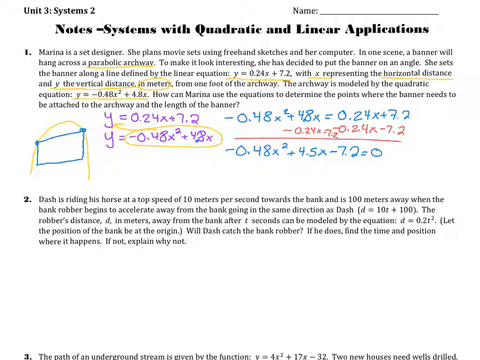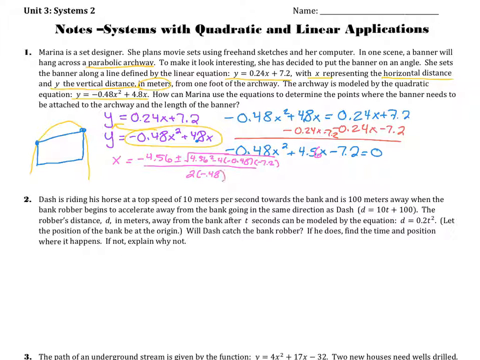Now, I need to solve this quadratic equation, and factoring is not going to be easy. So I'm going to use the quadratic formula. I'm going to do the opposite of b, that should be 4.56, sorry, plus or minus the square root of b squared minus 4ac, all over 2a.